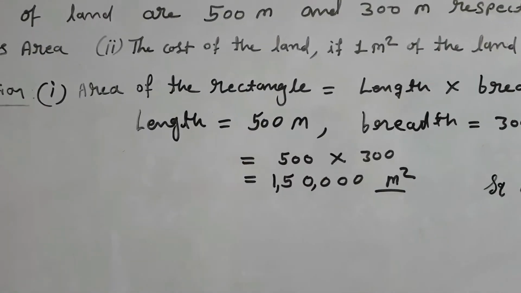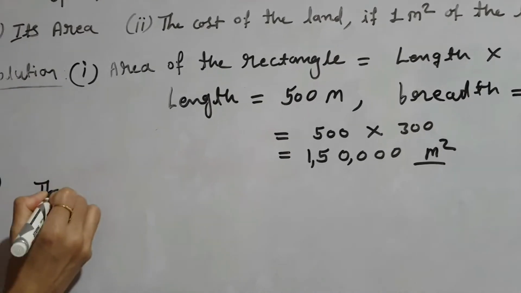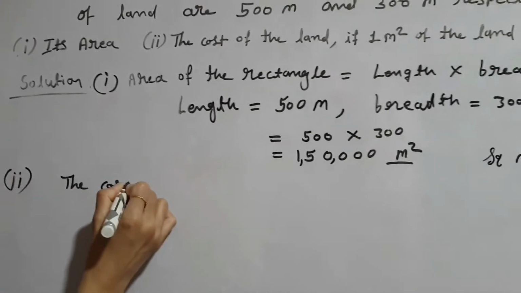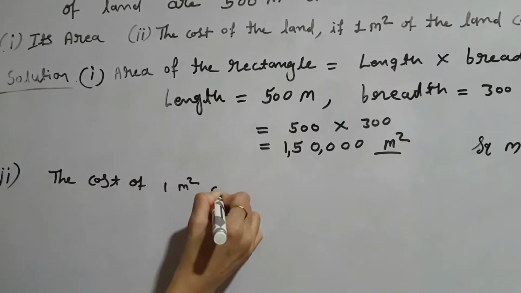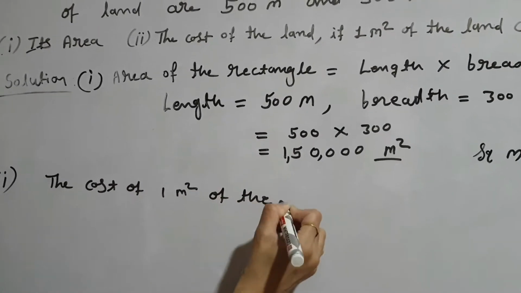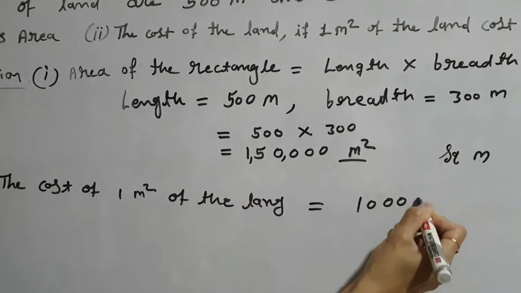So solve the next part. The cost of 1 square meter of the land is 10,000.